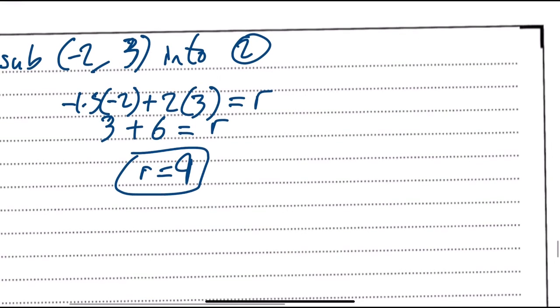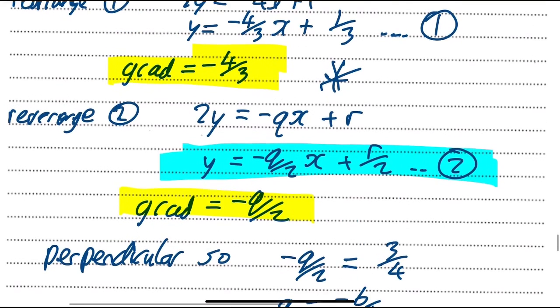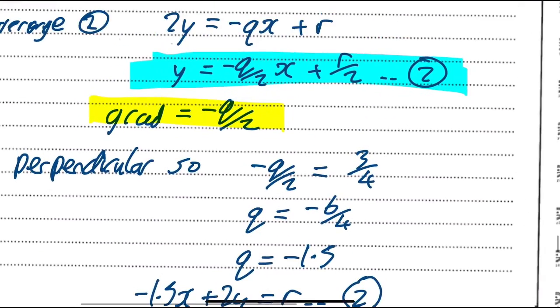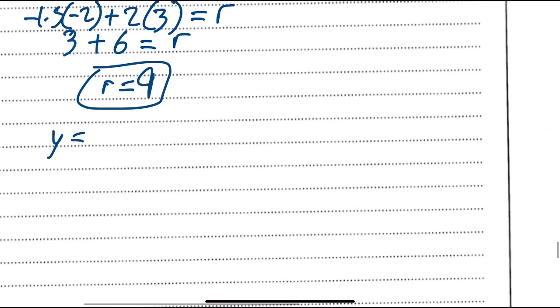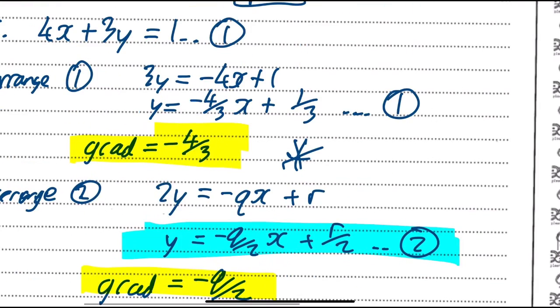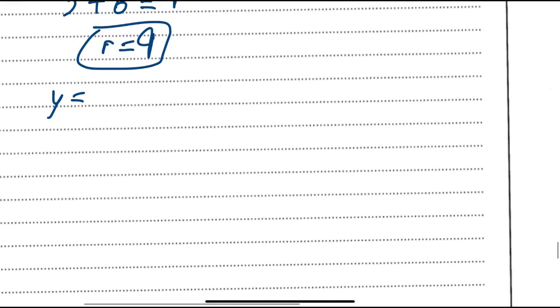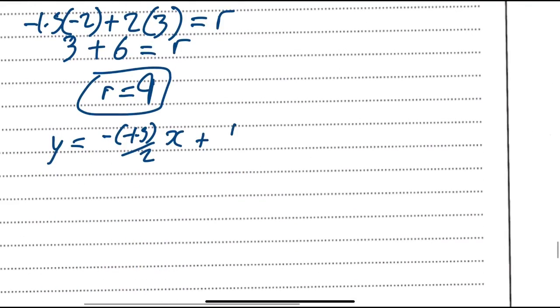So equation 2 is now going to be y is equal to minus q over 2. What was our q? Minus 1.5. So it's going to be minus of minus 1.5 over 2 times my x plus my r, which is 9 over 2.